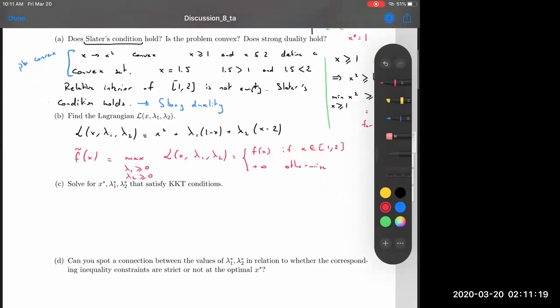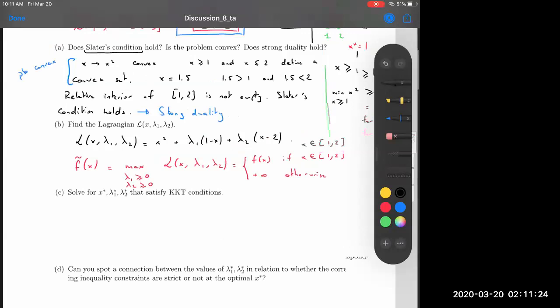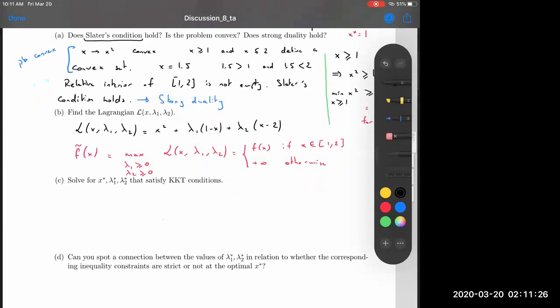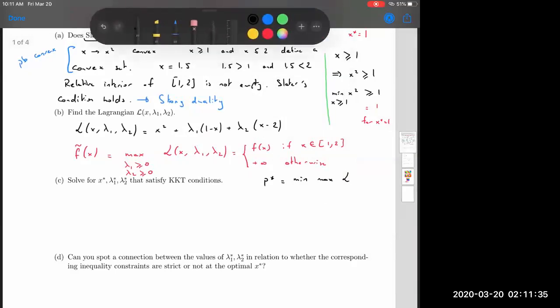And so now, just to remember, your problem, P star, can be expressed as the min over x of the max of the Lagrangian. Here you are happy because you do not have any constraint anymore on x.